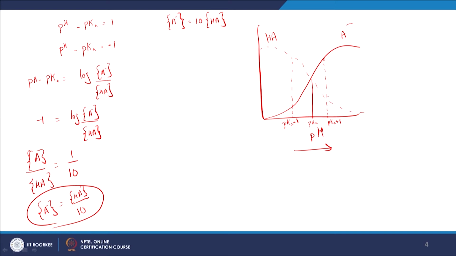At this particular point, the A minus concentration is almost 10 times that of HA. Obviously the graph is not to scale, which is why you may not see that here. In the other case, at pKa minus 1, A minus is going to be HA by 10. So more or less the effective region with respect to accepting or donating the proton is pKa plus or minus 1. That is another take home message for us.